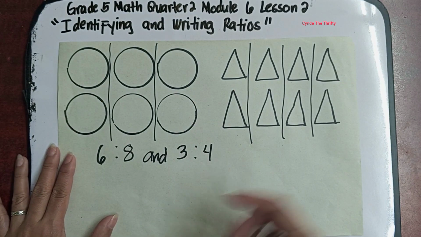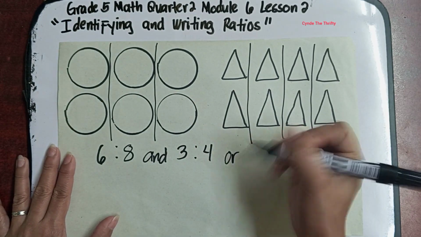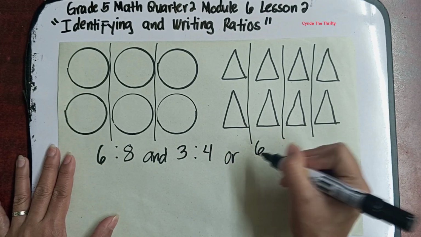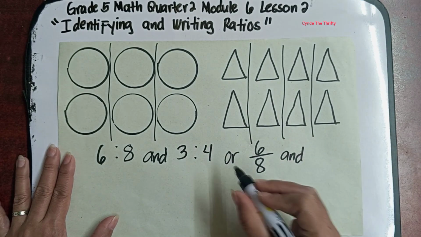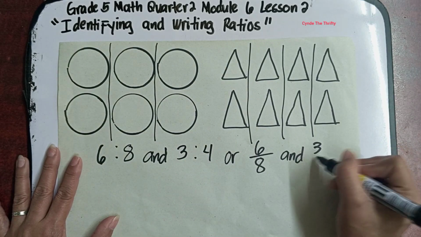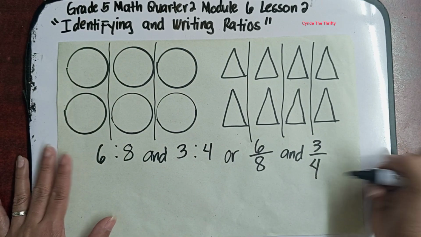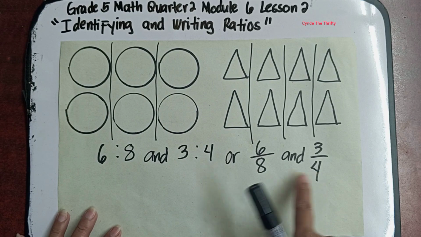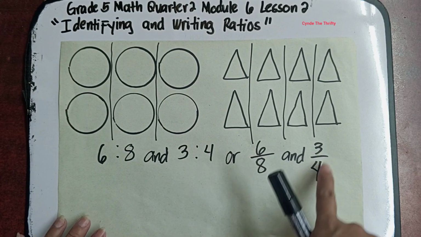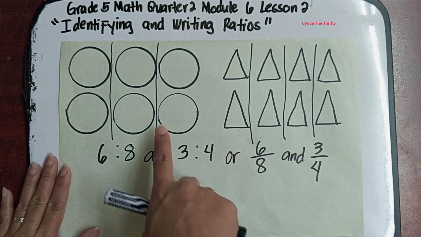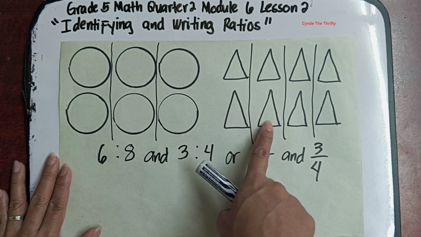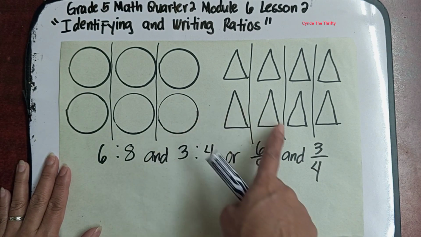Kapag i-express natin siya into fraction, si 6 is to 8 is magiging 6 over 8. At ang kanyang equivalent fraction is 3 over 4. Okay. So, ito na yung equivalent fraction ni 6 is to 8, 3 is to 4. Ngayon, titingnan natin kung ano ba ang relation nitong dalawang ratio natin or itong dalawang figure natin.